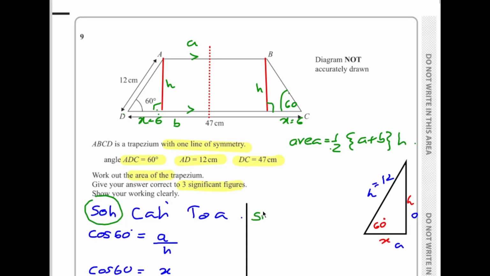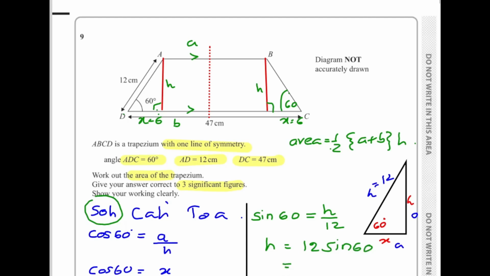Then sine 60 equals opposite, which is our height of the trapezium, over 12, that is the hypotenuse of this triangle. Then height equals 12 into sine 60.